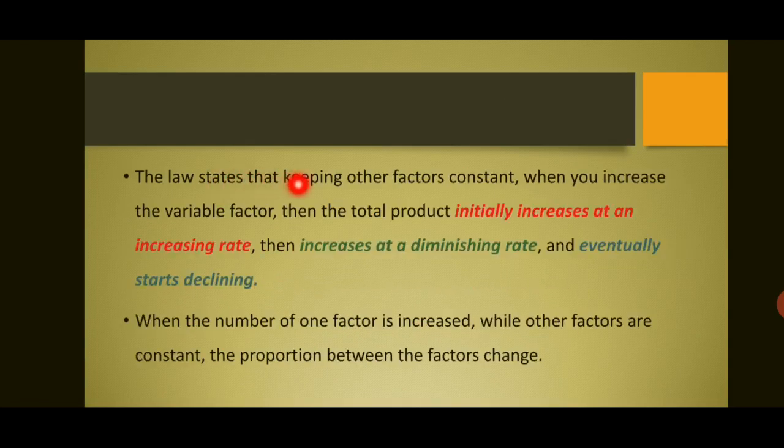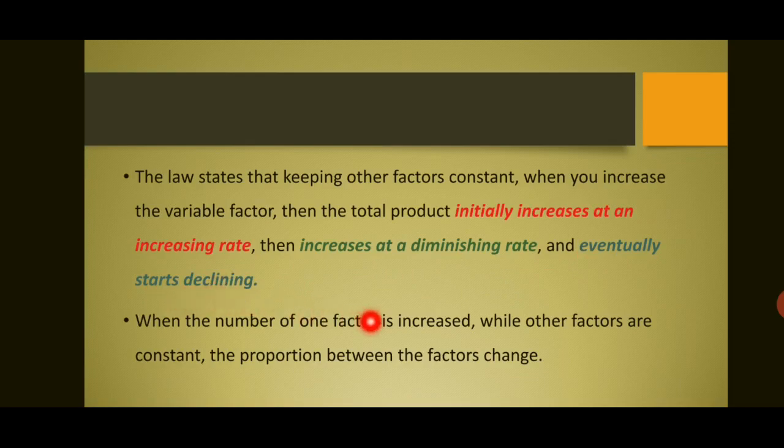The law states that keeping other factors constant, that is in our example we keep land constant, when you increase the variable factor, that is labor, then the total product initially increases, as we have understood in our example, then increases but at a diminishing rate and eventually starts declining. After some point of time it eventually declines and becomes negative.